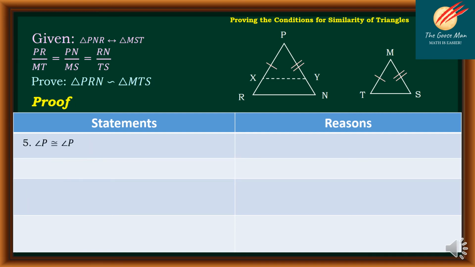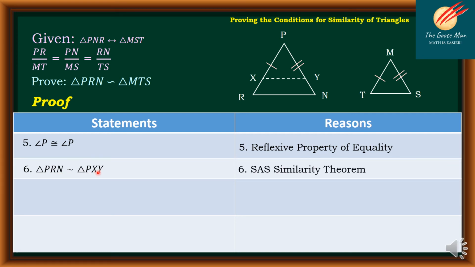Moving on, for statement number 5, we have angle P is congruent to angle P because of the reflexive property of equality. So we can say that triangle PRN is similar to triangle PXY because of the side-angle-side similarity theorem. For statement number 7, XY over RN is equal to PX over PR. That is the definition of similar triangles.